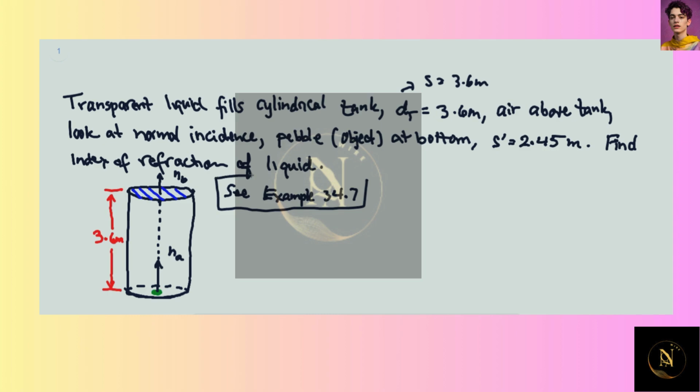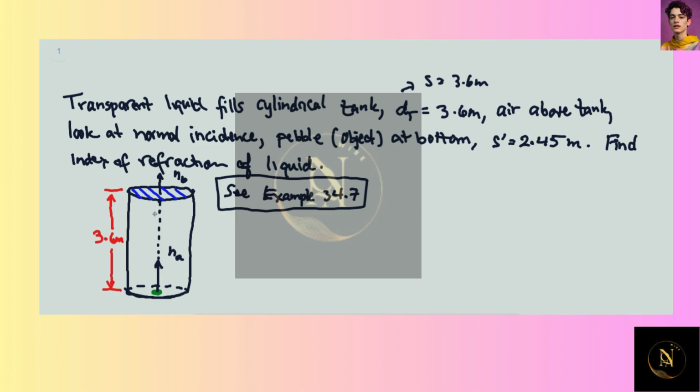I've referred you to example 34.7, a similar situation, except that you're given the indices of refraction and asked to find S prime. I point you to this example because they explain a little about the sign convention of S prime, and I'll talk about that here.